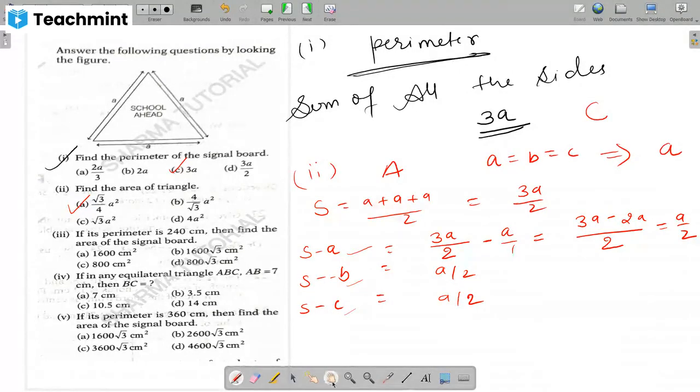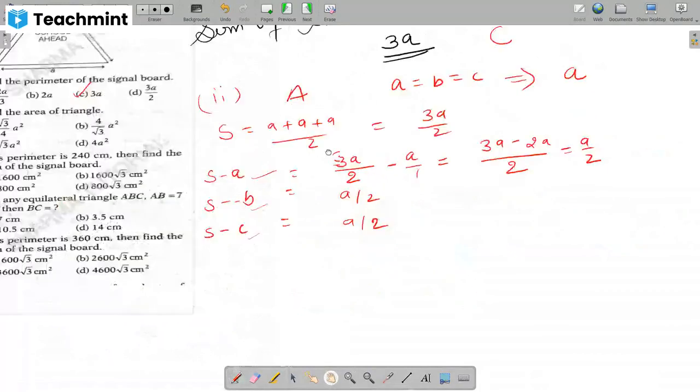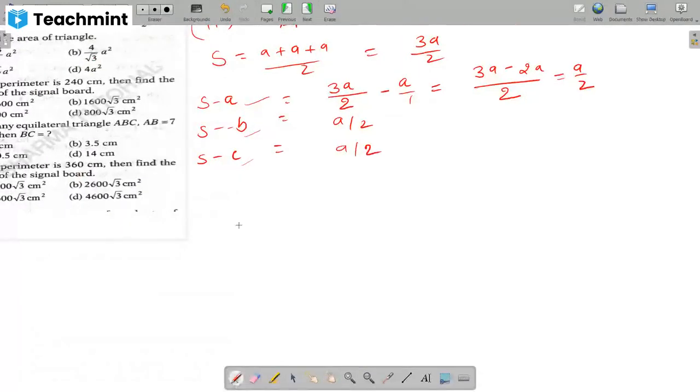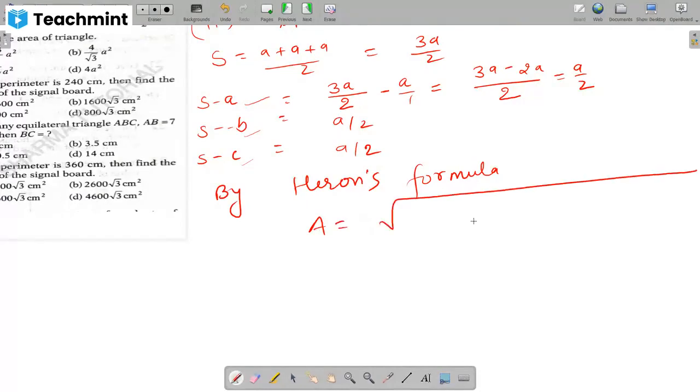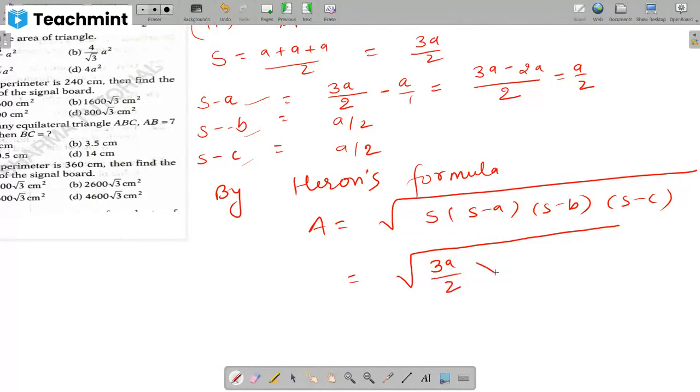Now what we will do, we'll put all the values in Heron's formula. So by Heron's formula, area of triangle is equal to root of s into s minus a, s minus b, s minus c. Now we will put all the values. S is 3A by 2, and these values are A by 2, all the same, A by 2, A by 2.